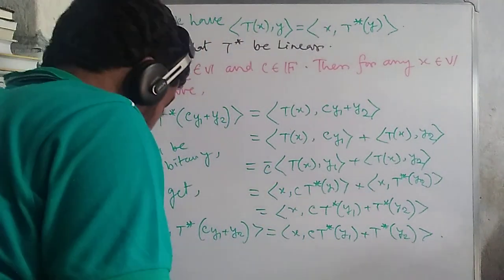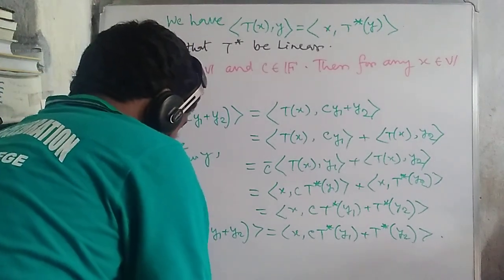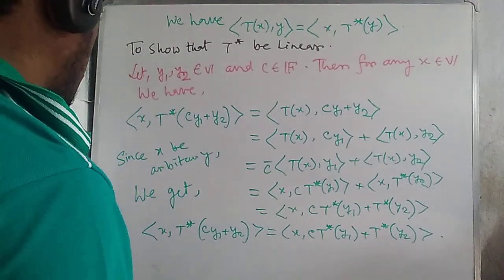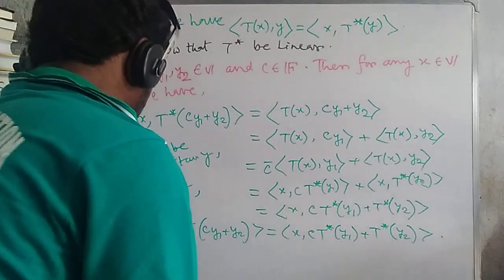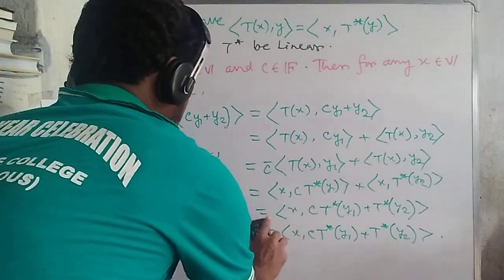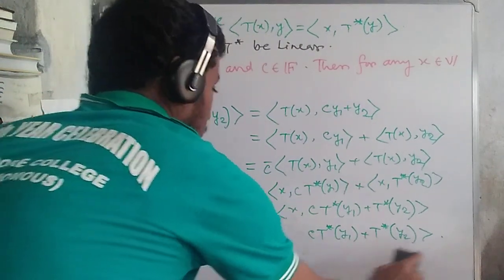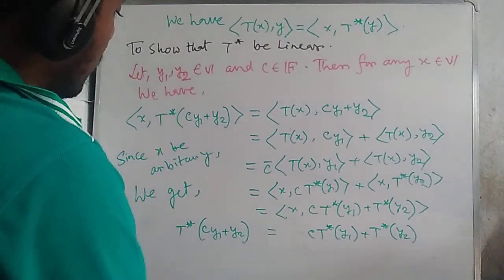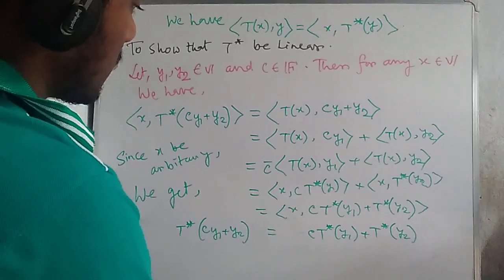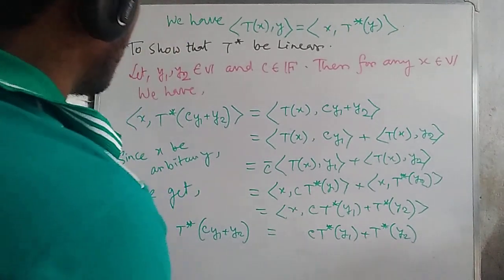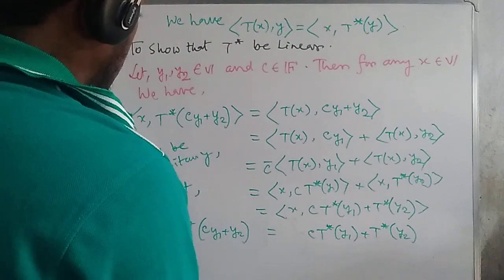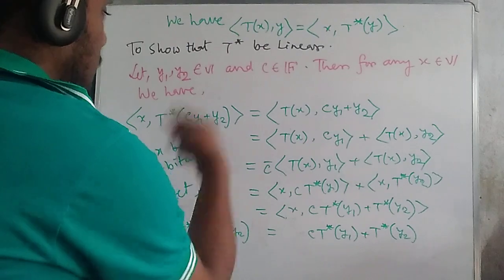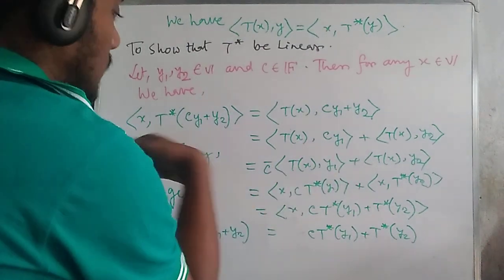That means T*(cy1 + y2) = cT*(y1) + T*(y2). If we take this one minus this one, it equals 0, then ⟨x, 0⟩, then this one equals 0.